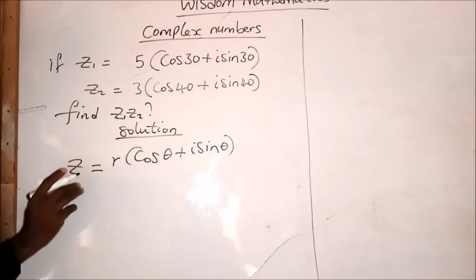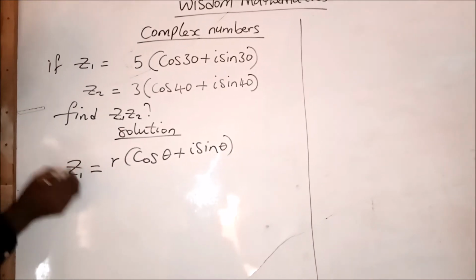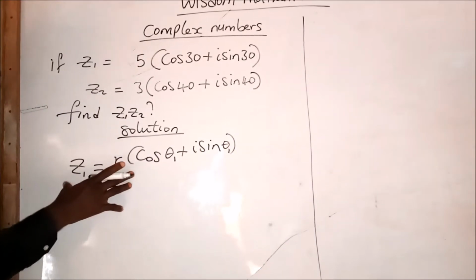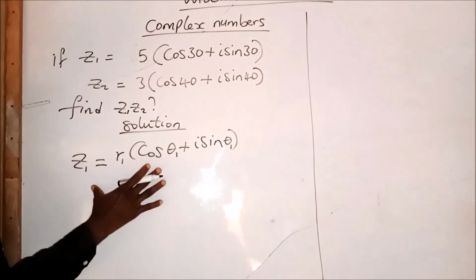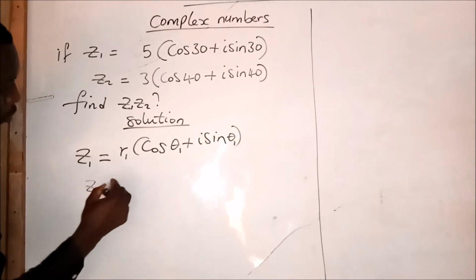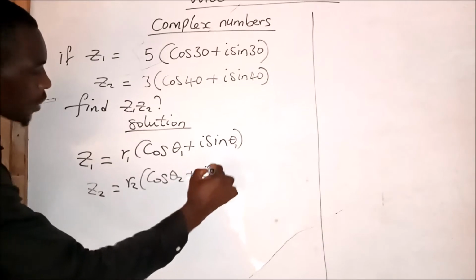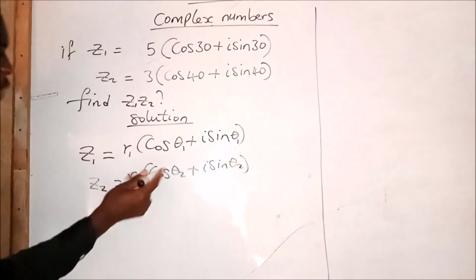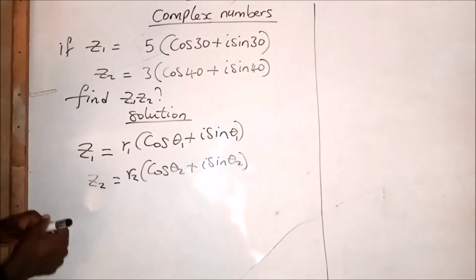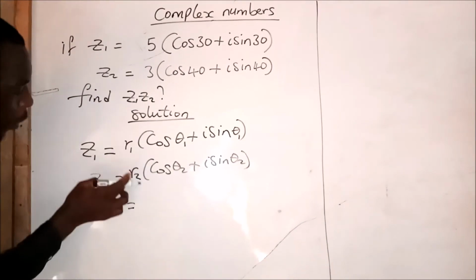Now if we have two complex numbers, this is the format. When we have two complex numbers to multiply, let's say this is z1, this is r1, this is theta 1. That is the first complex number. Now if we have another complex number z2 equal to r2(cos theta 2 + i sin theta 2), and we are asked to find the product z1z2, we multiply the modulus.